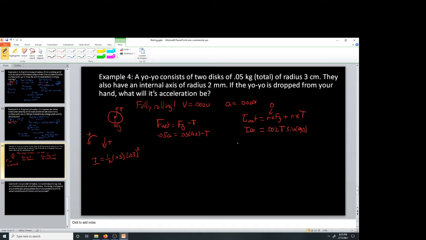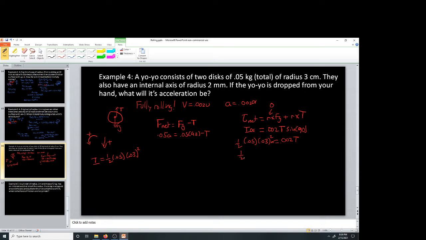This is going to be 1/2 still times 0.05 times 0.03 squared equals 0.002 T. All right, if you do this, you get that T. Oop, I need an alpha.